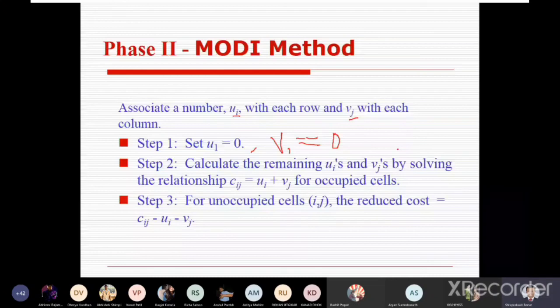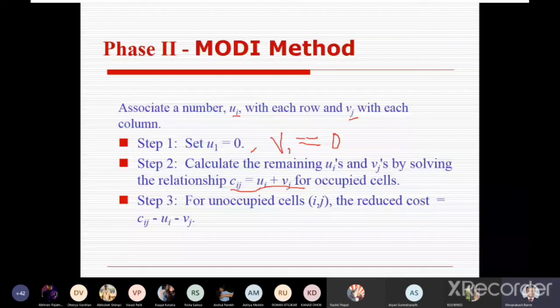Then we calculate the cost relationship Cij, for example C12. Here 1 is for the row and 2 is for the column. So U1 means the first row, and Vj, if it is 2, means the second column.